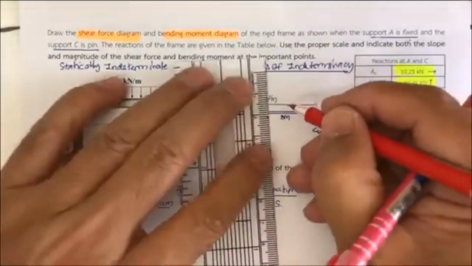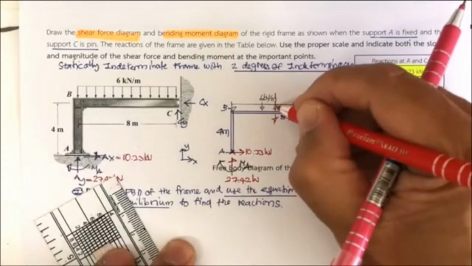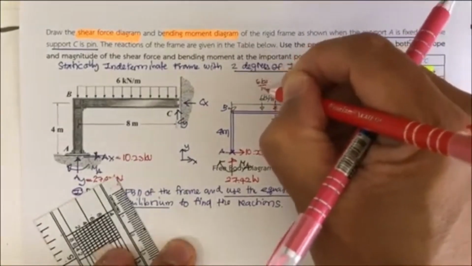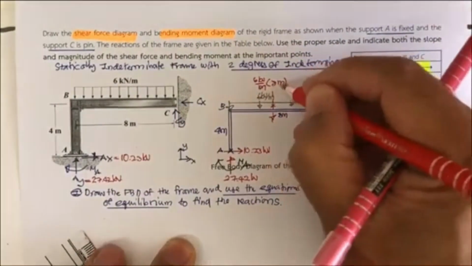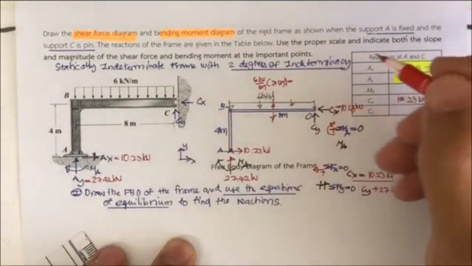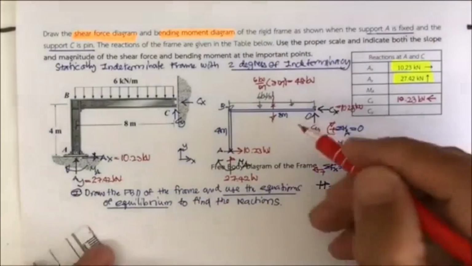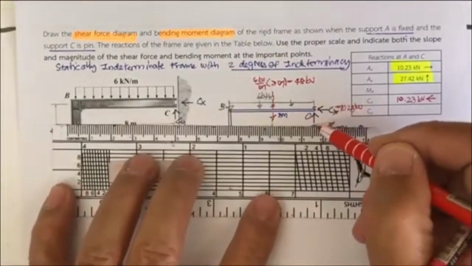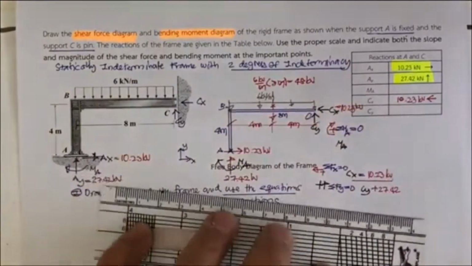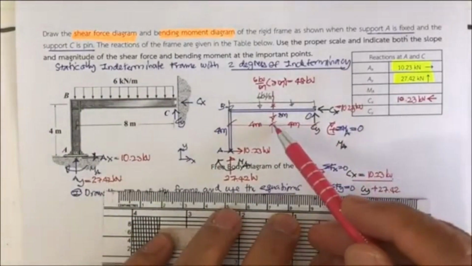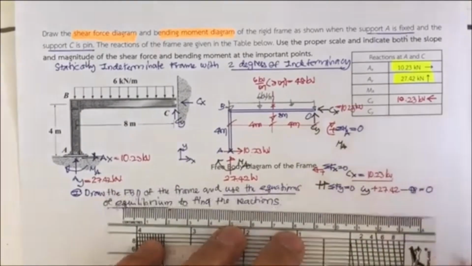This uniformly distributed load is going to have the resultant here, and the resultant is going to be 6 kilonewton per meter times 8 meter, which is 48 kilonewton, acting at half of the 8 meter. So it's 4 meter here and 4 meter here. This one is downward, so it's minus 48, and then it's equal to 0.